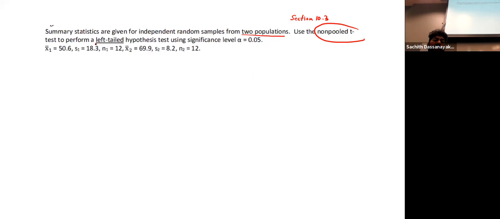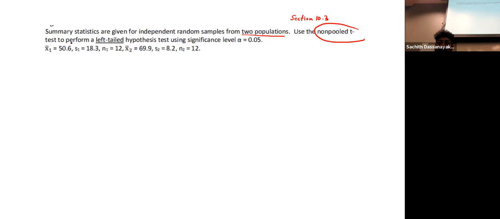Perform a left-tailed hypothesis test using significance level alpha. They have given everything, the summary statistics. We need to perform a left-tailed hypothesis test. I think this is a past exam question, maybe 2017, though I'm not sure because there is a short answer question.